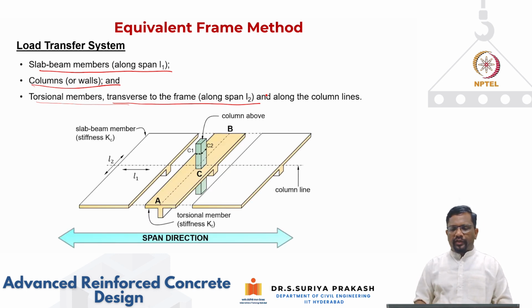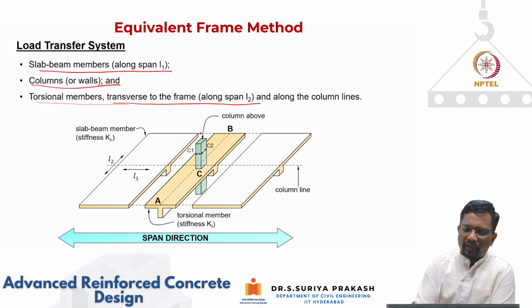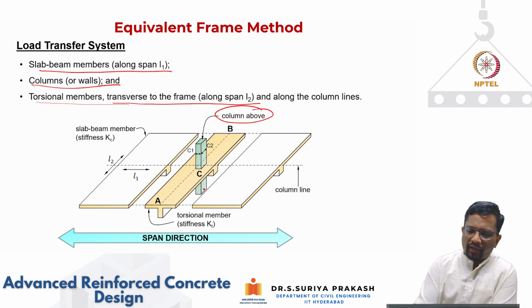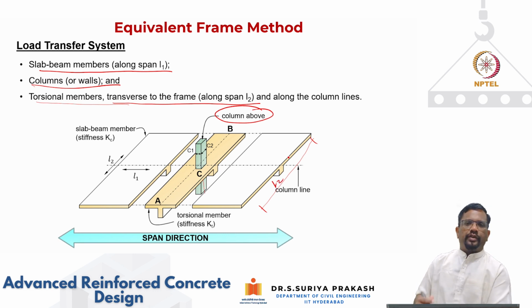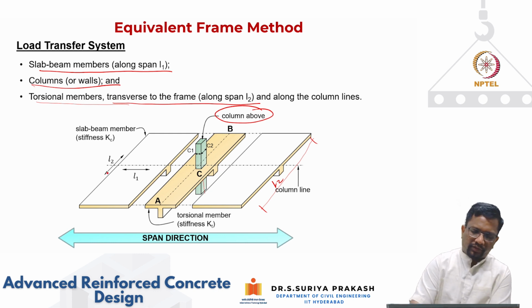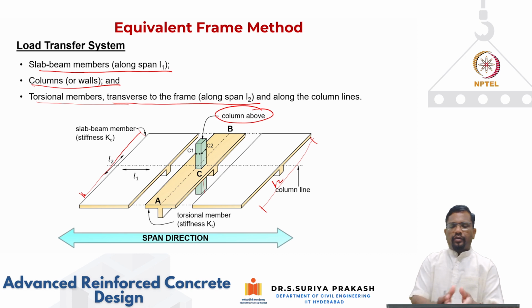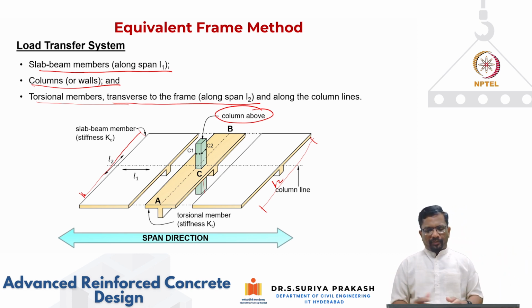Okay. Now, if you look at this one particular span from the left and right side of the column, what you have here is a column above and a column below, and this is your width. So, what is the width of this element? It is going to be from here to here. When you look at it, it is going to be L2, right? The width of the frame itself. L1 is the direction of the spanning, each span.